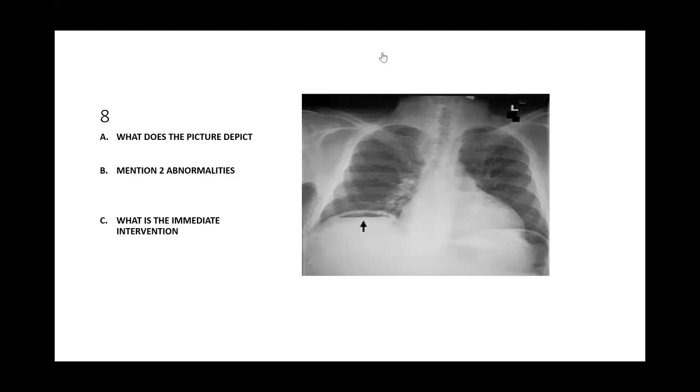You give antibiotics, you give analgesics. If there is any electrolyte derangement, you correct. If there is anemia, you correct, before the patient is taken for laparotomy. Okay, sir.